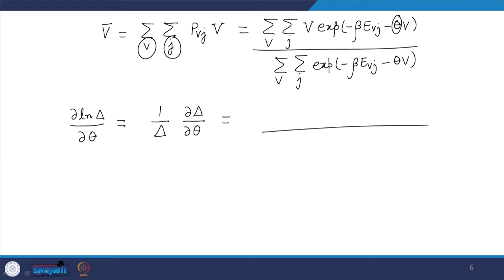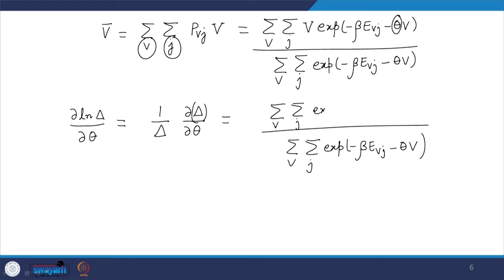That is, delta will appear at the denominator, and then I am taking a derivative of this particular sum, that will be summation of v, summation of j, exponential of minus beta E_vj minus theta v, multiplied with the derivative of this quantity with respect to theta, that is equal to minus v, and that should be equal to minus v bar, as we have already seen there.